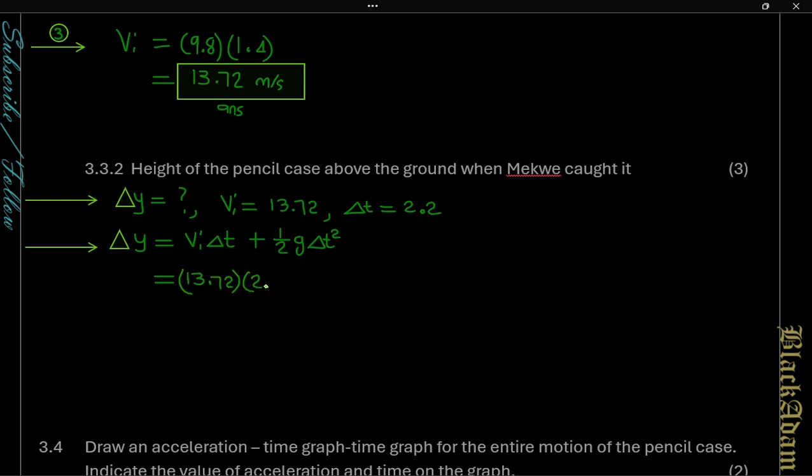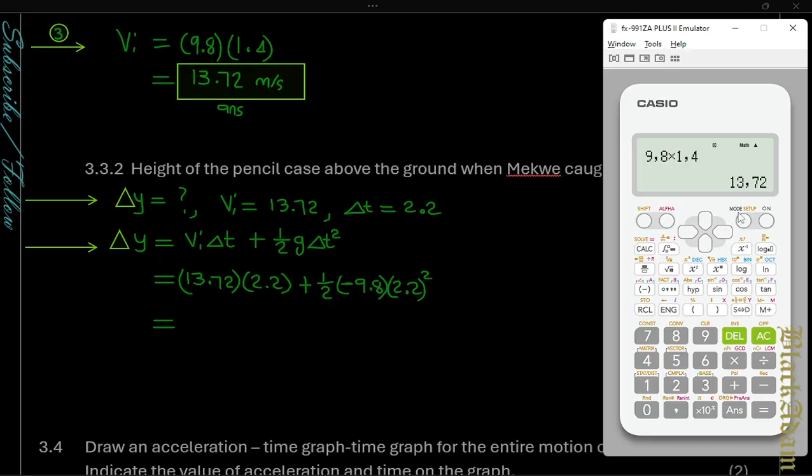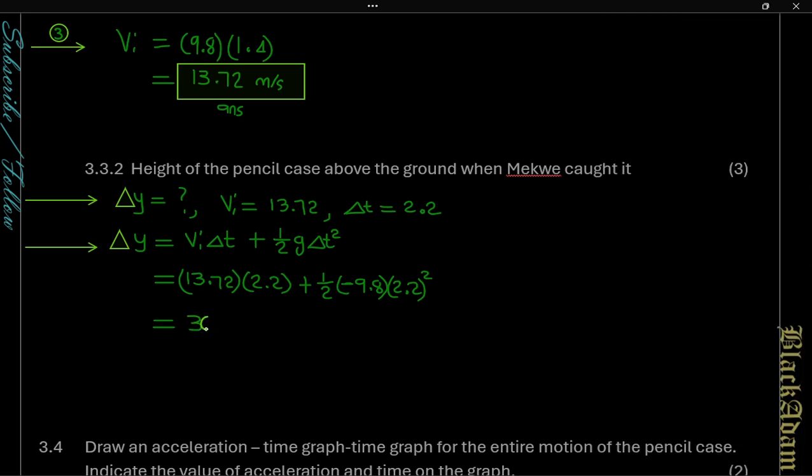All of that multiplied by 2.2 plus half. Our g is negative 9.8 multiplied by time 2.2 squared. So we're going to use a calculator, just by parts. 13.72 multiplied by 2.2 gives us 30.184.